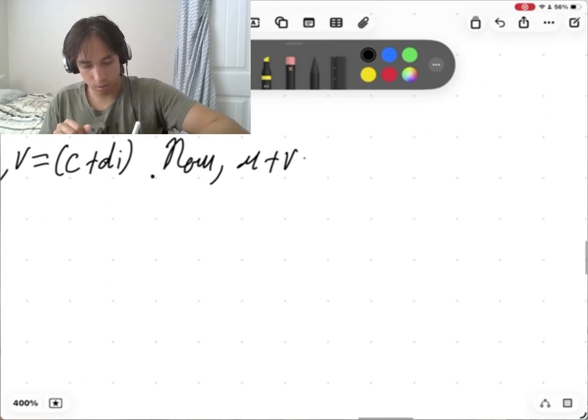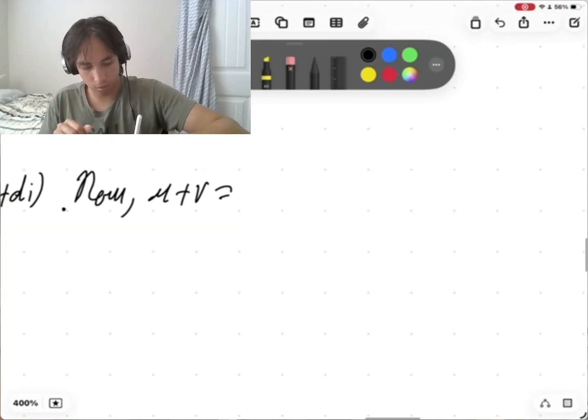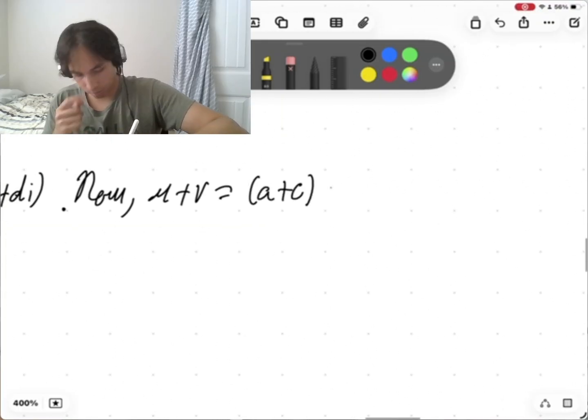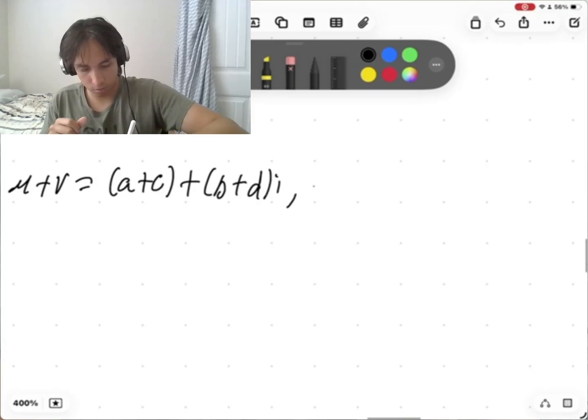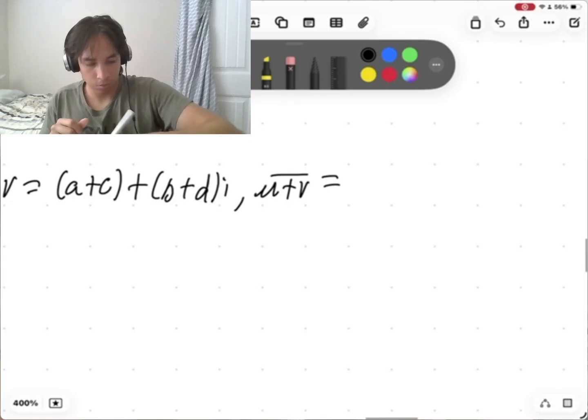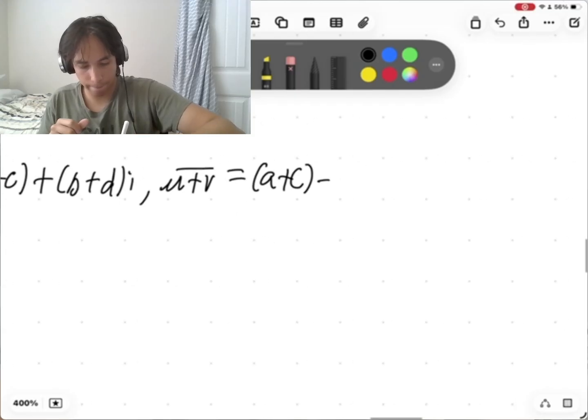u plus v equals a plus c plus b plus d i. Complex conjugate of u plus v equals a plus c, actually minus b plus d i. I keep doing it.